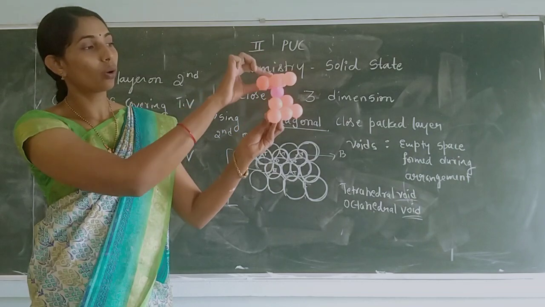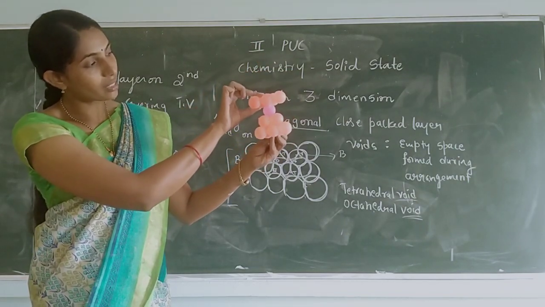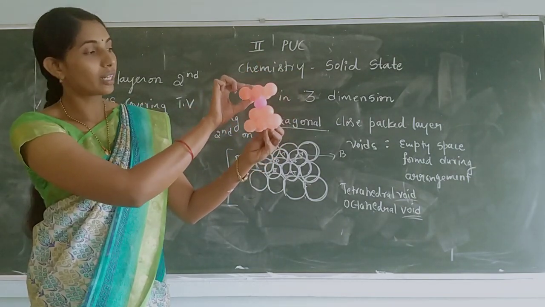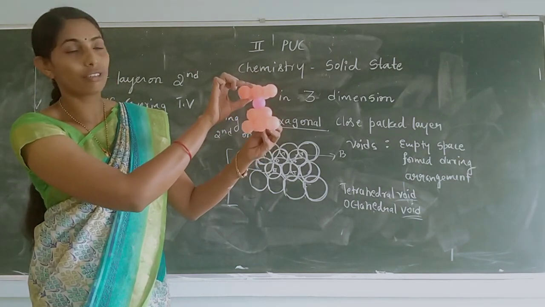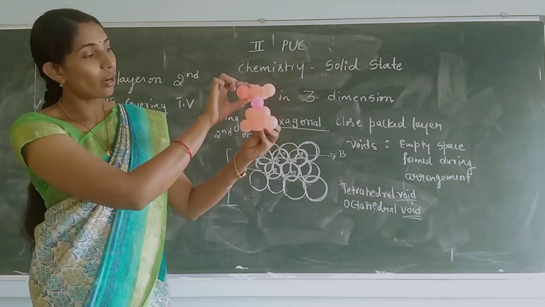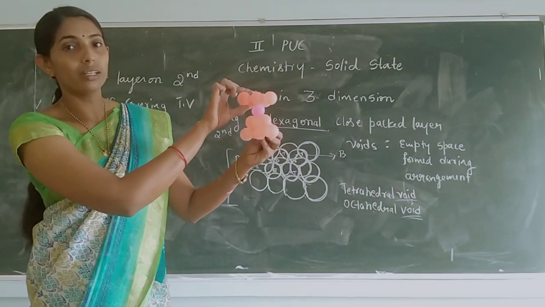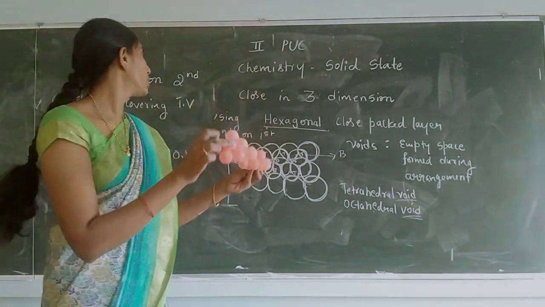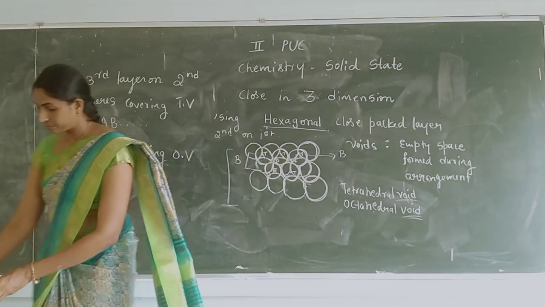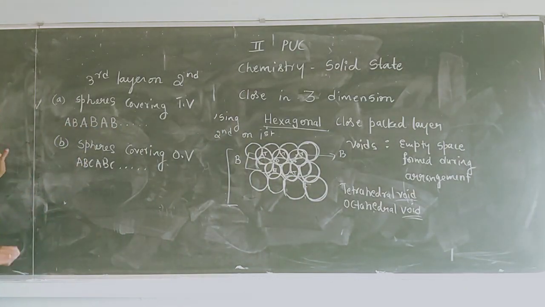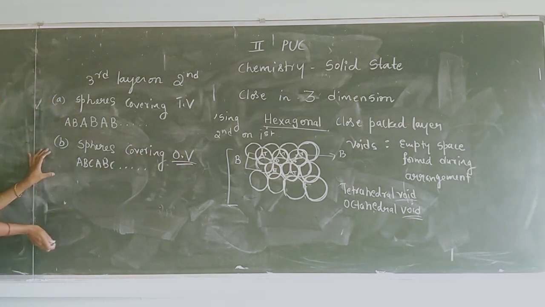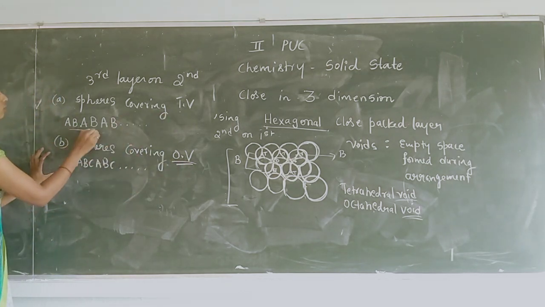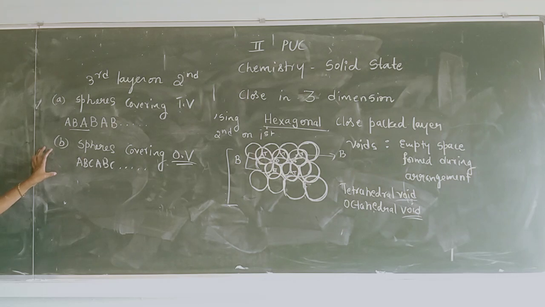Okay, so that resembles the first layer. Sorry, the three layers are different, but the fourth one again resembles the first layer. So therefore ABC pattern repeats there. I can say that for the sphere covering the octahedral void the ABC pattern repeats, and for the sphere covering the tetrahedral void the AB pattern repeats.